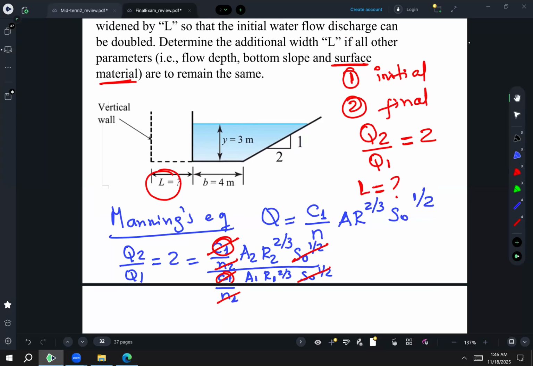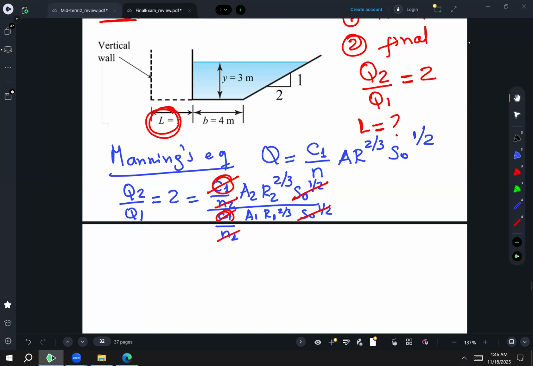The water depth stays the same, but the area is going to change because I am adding this L. So if I add L, the area changes, and the hydraulic radius, which is area divided by P, also changes. Therefore, 2 is equal to area 2 times hydraulic radius 2 to the 2/3, divided by area 1 times hydraulic radius 1 to the 2/3.